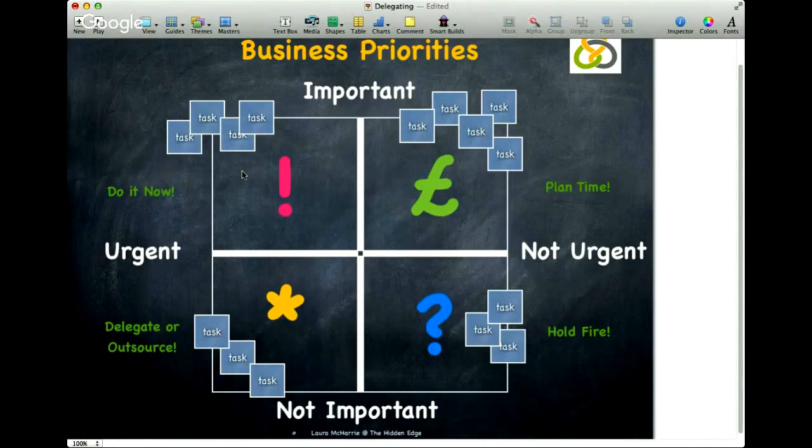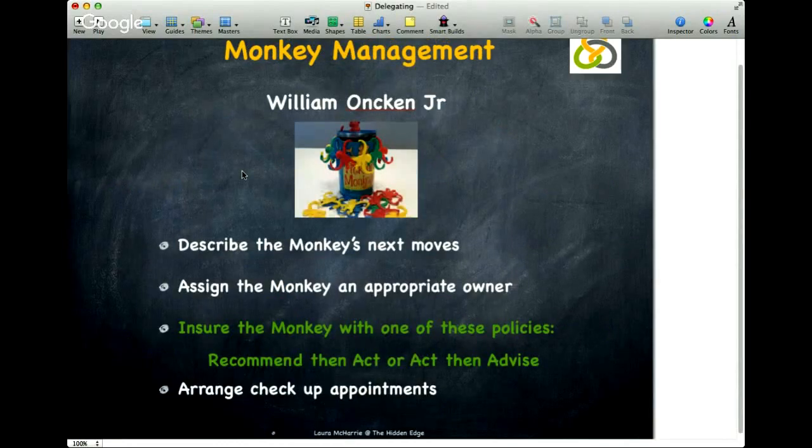So here's some tips from William Onken. I love this. He describes a task that you're going to delegate as a monkey. We need to know the monkey's next move so that we can describe it to ensure that we are clear about what it is that we want somebody else to achieve when we hand over a task.